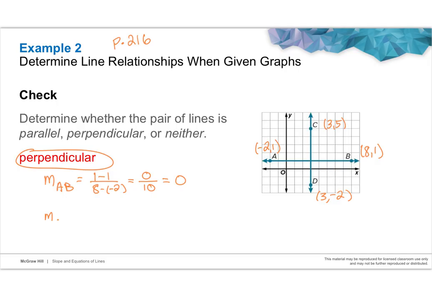Look at the arithmetic that results when we find the slope for CD. We get 5 minus -2 all over 3 minus 3. Numerator of 7, not a problem. But denominator of 0, that is a problem because that is an undefined value.